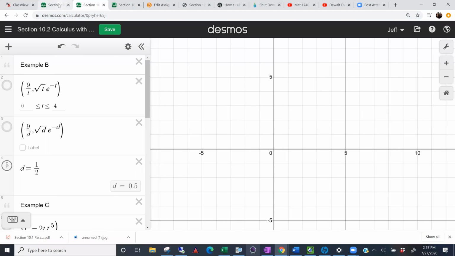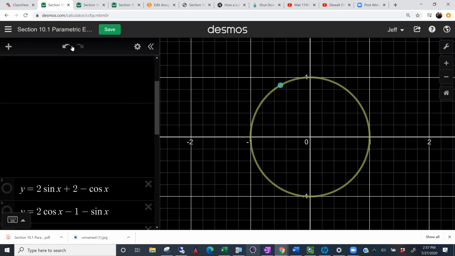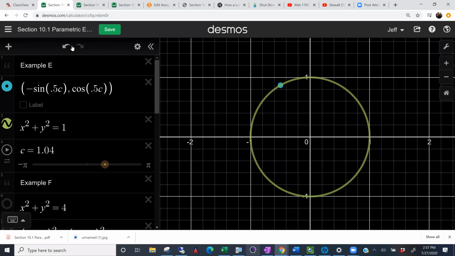Example. Yeah. So in order for there to be a collision point, the X and Y coordinates have to be the same at a particular value of t, right? So at time 3/4 pi, the X and Y coordinates have to be the same for both curves.